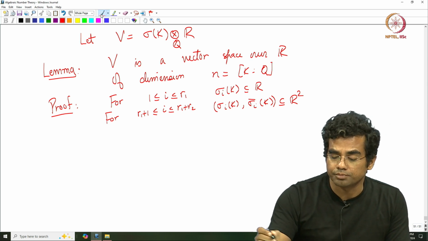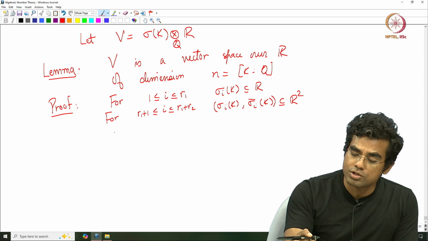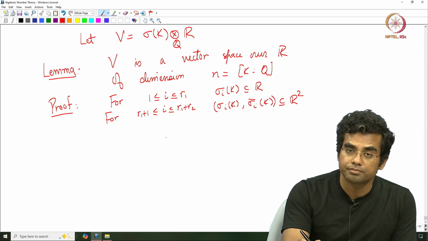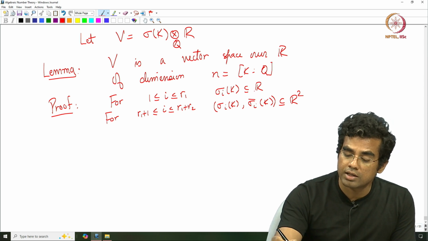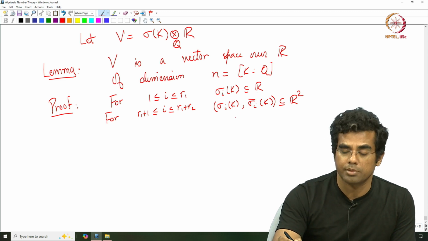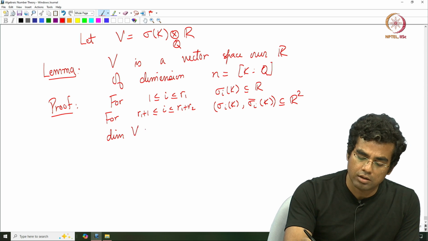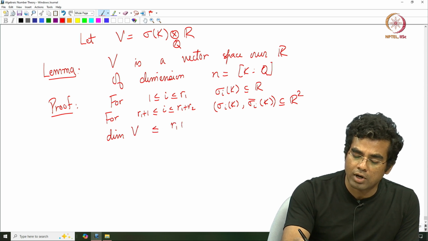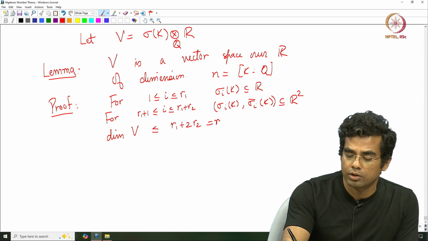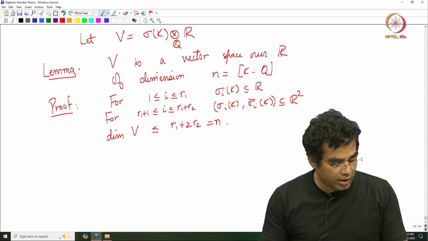And so it is contained in R2, which means now you just count how many there are, right. So, there is 1 for each real embedding, 2 for this pair of complex embeddings, and so the dimension of V is less than or equal to R1 plus 2 R2, which is equal to n, right. That is how R1 and R2 have been constructed.